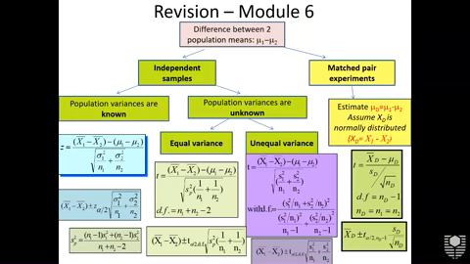You have to see the nature of the question. So analyze the question, note down the parameters of interest, so you're going to be more informed about the nature of the question, whether it's independent or a matched pair experiment, right?